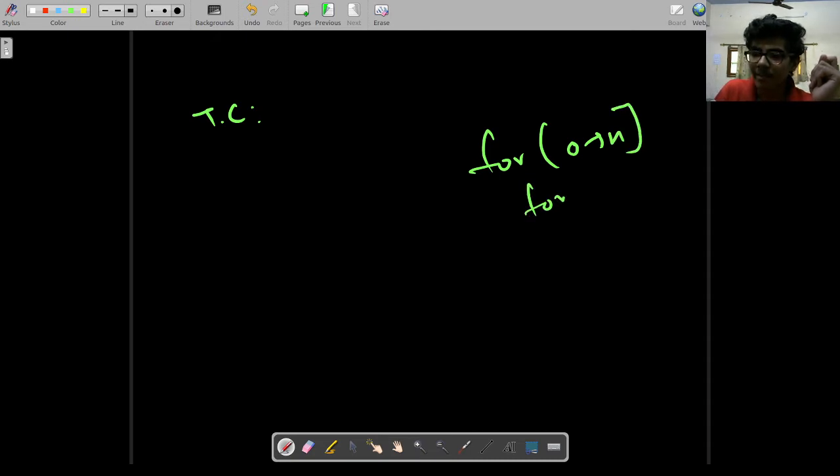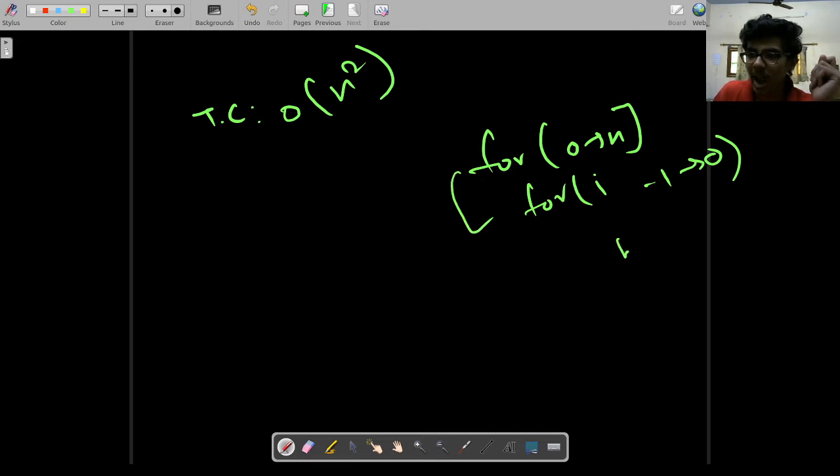If I calculate its time complexity, what I will see is that in the brute force approach, first we have a loop from 0 to n, then we have a loop from i minus 1 to 0. So in the worst case scenario, it is going to be O of n square, as we are moving from this to this, and the break doesn't work at every position.